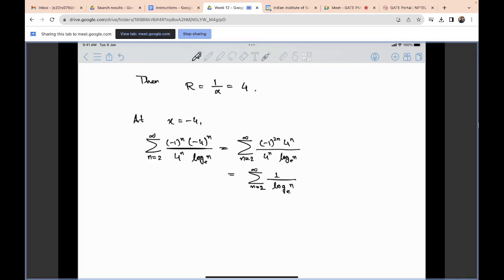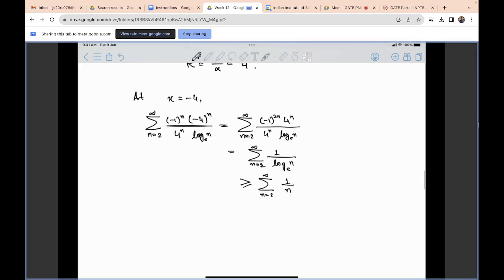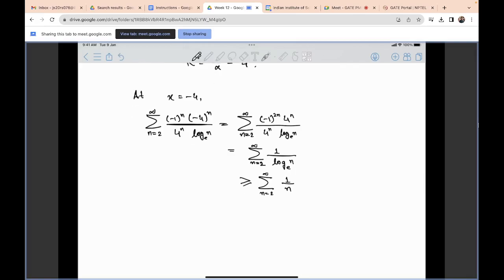And you can show that this is a series of positive real numbers, and this is bigger than 1 by n, right? Because log n is less than n, so this is bigger than 1 by n. And this is divergent, as the sum for n equals 2 to infinity of 1 by n diverges.